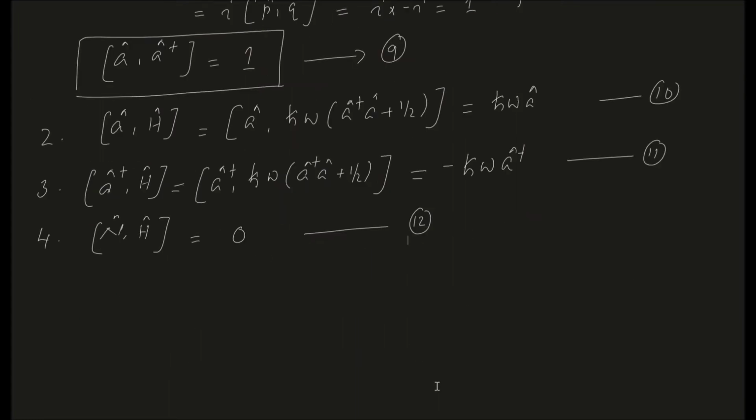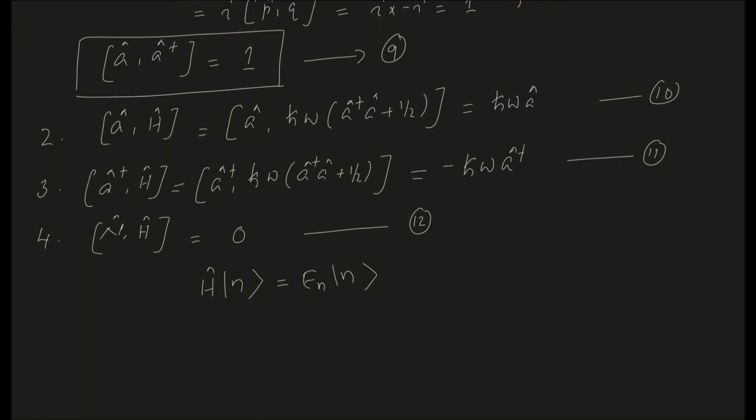Now let's again consider the Hamiltonian operator acting on these |n> kets. What you get on the right-hand side is the energy eigenvalue, like what we have seen just before.